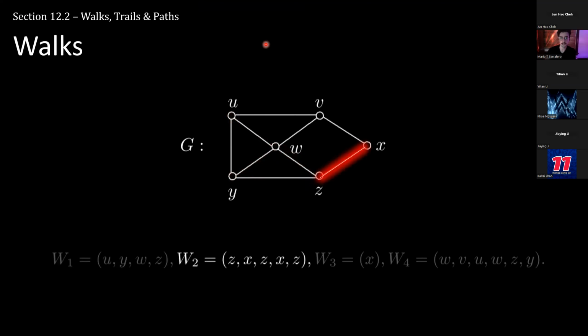Now this one's interesting because here we're going back and forth between c and x. And as we said in the previous slide, just because we're going back and forth and not traversing other edges doesn't mean the walk is of length 1. This is, in fact, a walk of length 1, 2, 3, 4.